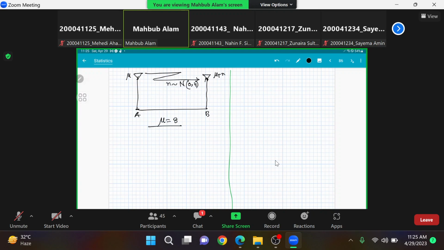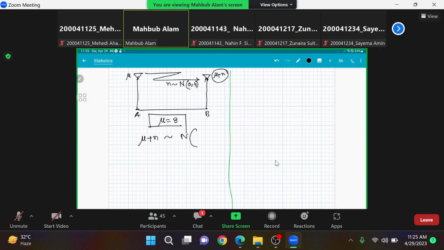Now you need to test the hypothesis that mu is equal to 8, and you will test it from the received signal. If you consider only the received signal, then mu plus N has a normal distribution.